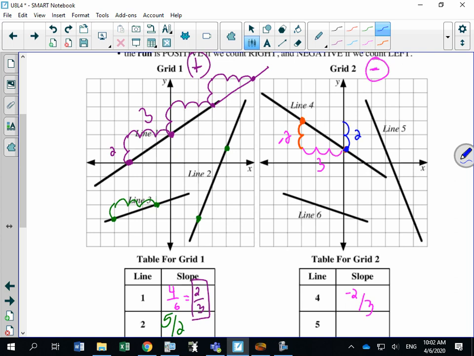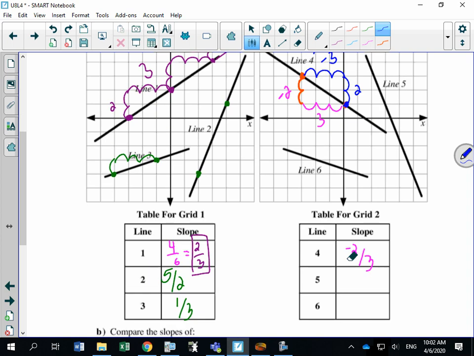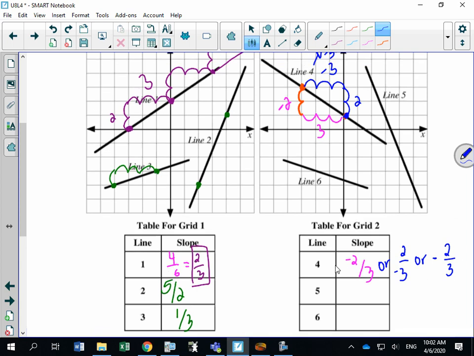A rise is a positive move, and then run 3. But because I'm going left, that would be a negative move, and that would still give me 2 over negative 3, which is the exact same thing as this, right? So I could have written it as negative 2 over 3, or 2 over negative 3, or I could put the negative in front and then just say 2/3. That's the slope of this line.